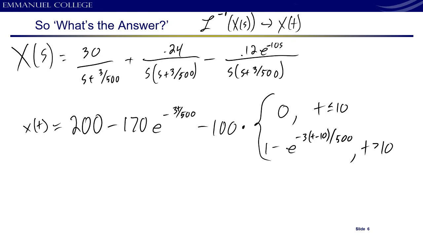This is not in any way, shape, or form expecting you to be able to go from x of s, capital X of s, I should say, to lowercase x of t. That's not what it's intending. What it's intending is to show the usefulness of it. You'll be able to do the Laplace transforms and the inverse Laplace transforms soon, but this is just meant to illustrate their usefulness.